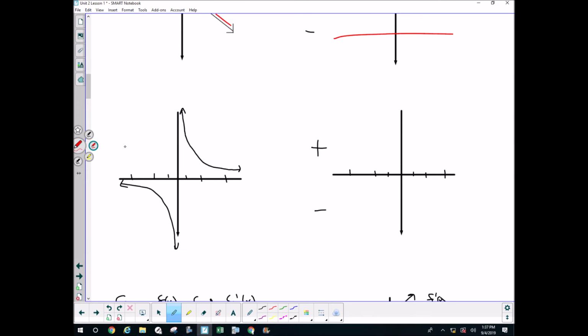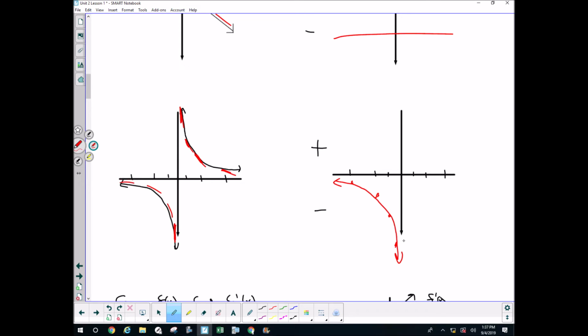This one's tricky. Negative, more negative, really negative. Okay, negative, more negative, really negative. So it looks like the same thing. It looks like it's trending down to infinity. Really negative, less negative, less negative, less negative.